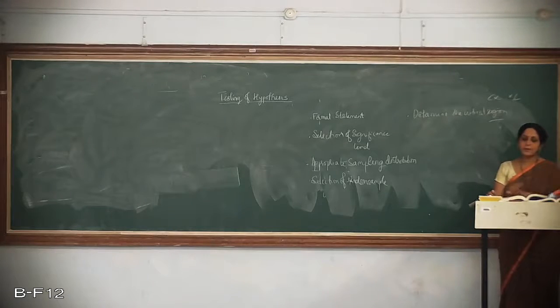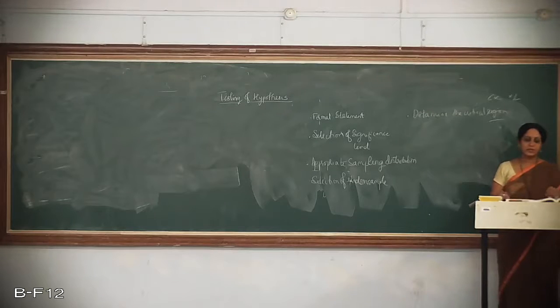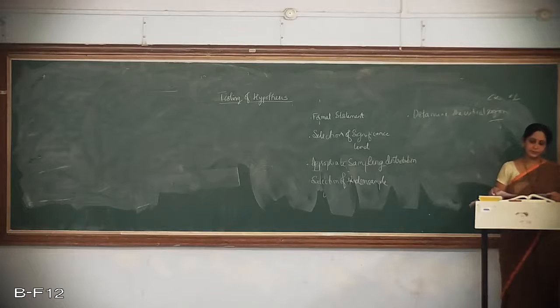I will stop here today. We will go with the procedure for testing of hypothesis and the limitations of the hypothesis, and take one or two examples on each of these tests. The flow diagram for testing hypothesis will be considered as well.